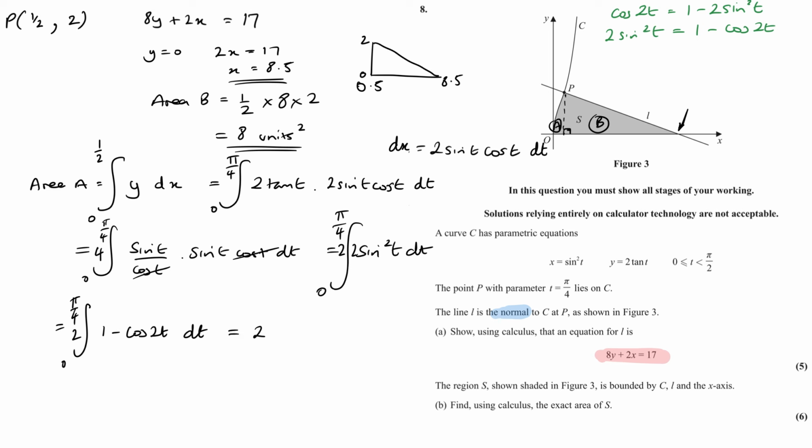And then this will go something like this. Integrating 1 becomes t, and integrating cos, if you think cos differentiates to minus sine, so it integrates to the positive sine. So that's sine 2t, and normally if you differentiate it, you would multiply by 2. So we're integrating, so we're dividing by 2. So pop a half in front of it, and then put that to be pi by 4 and 0.